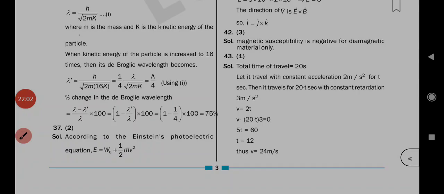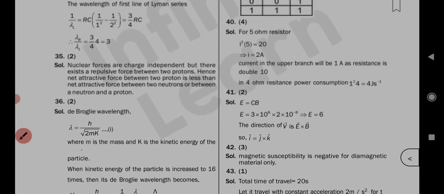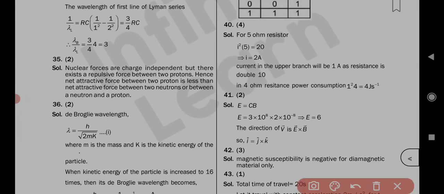So guys, in this question I apologize for the explanation I gave. Actually, the explanation I gave was wrong, because the question and the options they gave are not matching.